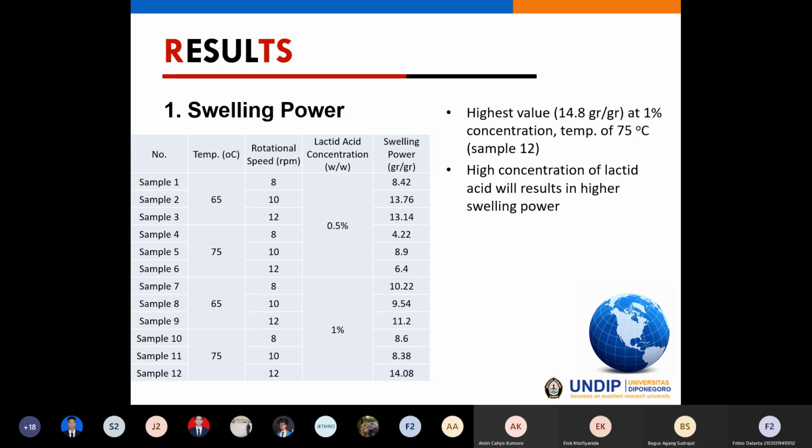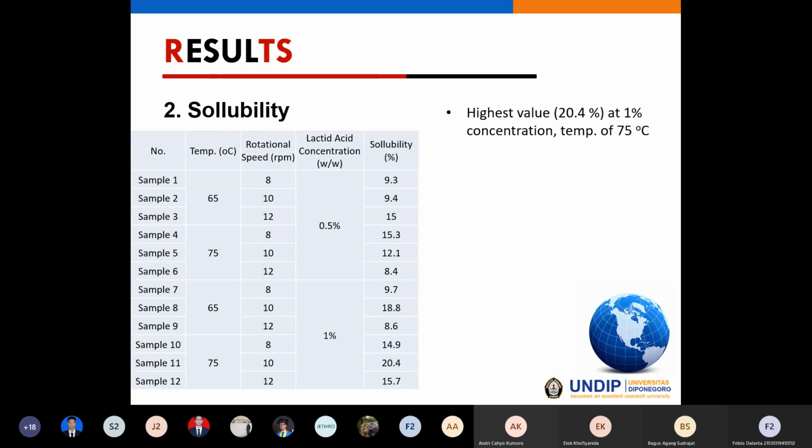And then for the solubility, you can see that the highest value is 20.4% at 1% concentration and a temperature of 75 degrees Celsius. This is because in acid modification, the acid acts on the surface of the starch granule first before it gradually enters the inner region of the granule.